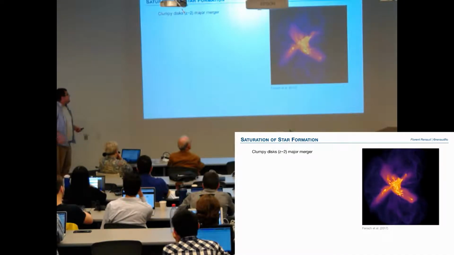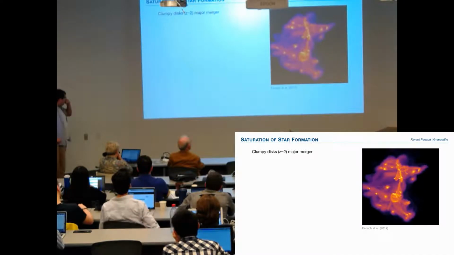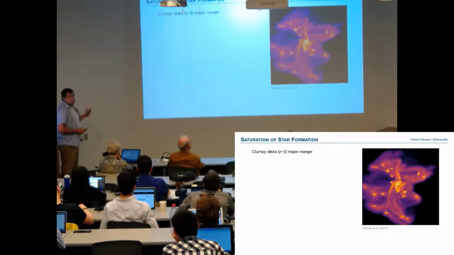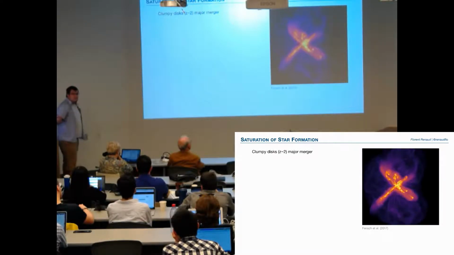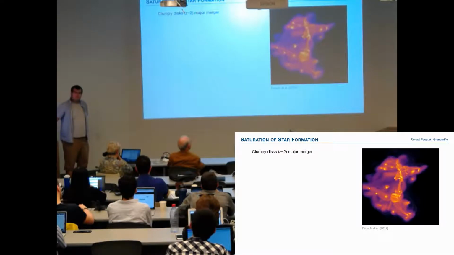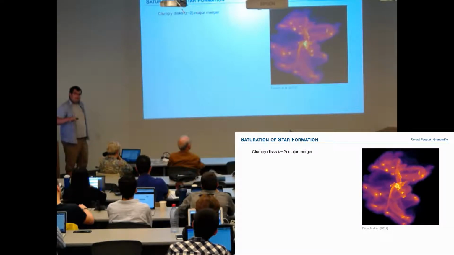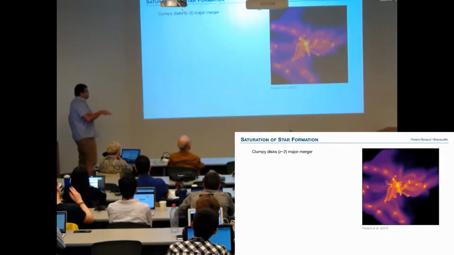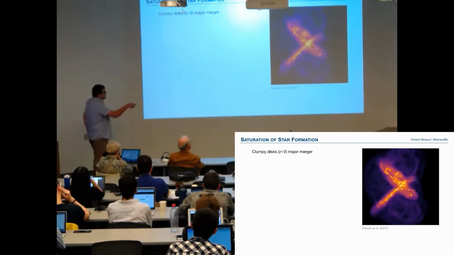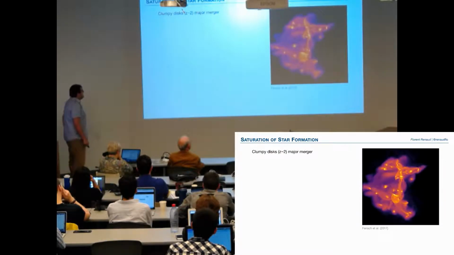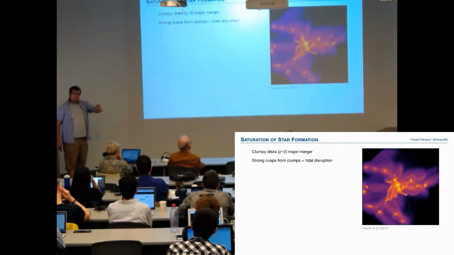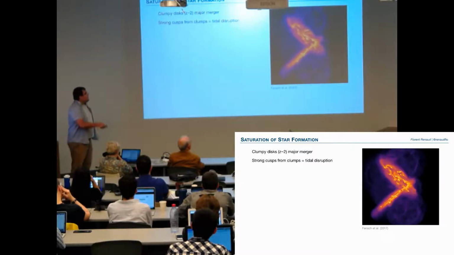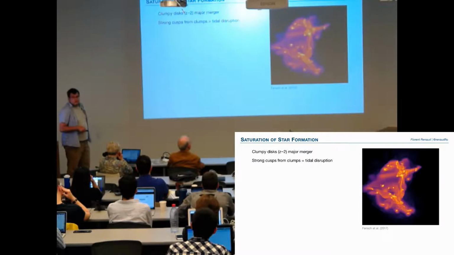So to test this idea, what we did with Jeremy Fensch was to make a simulation of two clumpy disks interacting together. Basically, we took all the initial conditions we had for the antennae galaxies, but replaced the galaxies with high gas fraction ones, so they're clumpy, as you can see, and they interact like that. The problem is that because of all these intrinsic clumps due to VDIs, etc., you have a strong cusp in your potential.